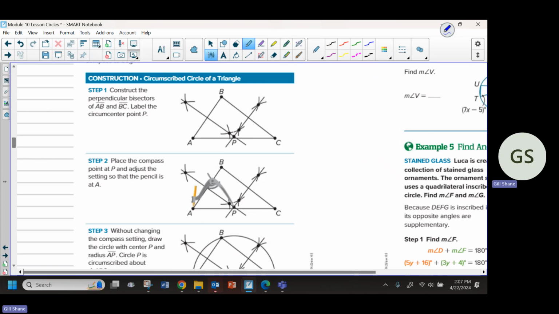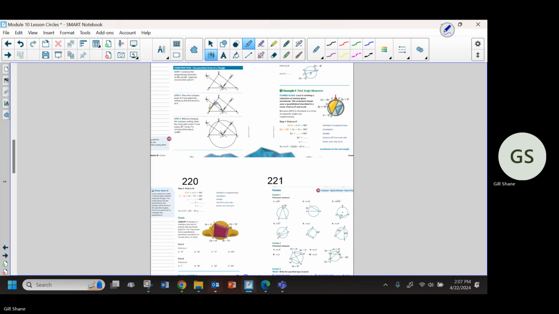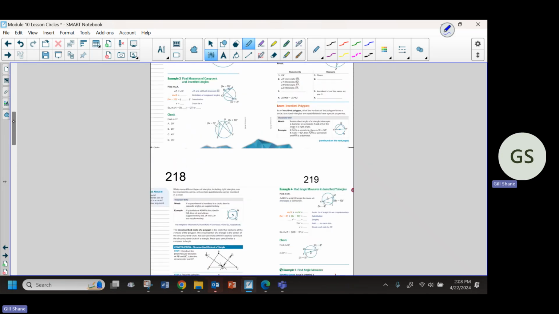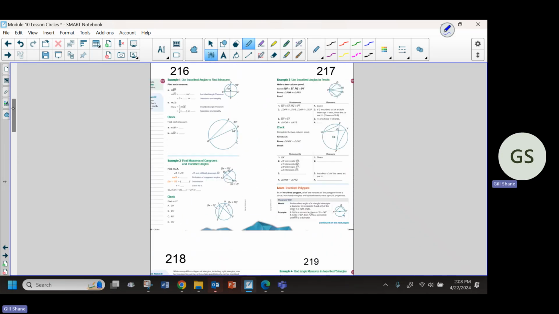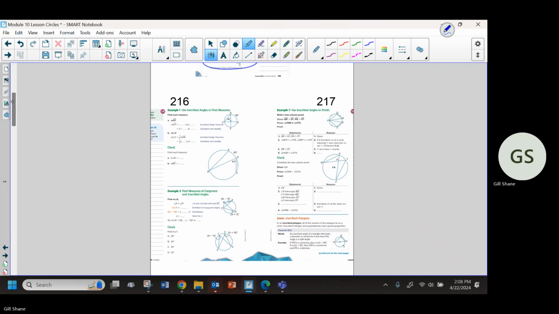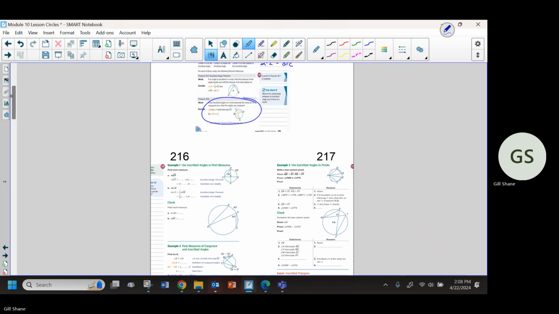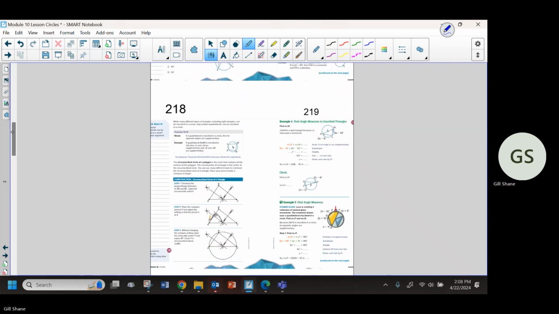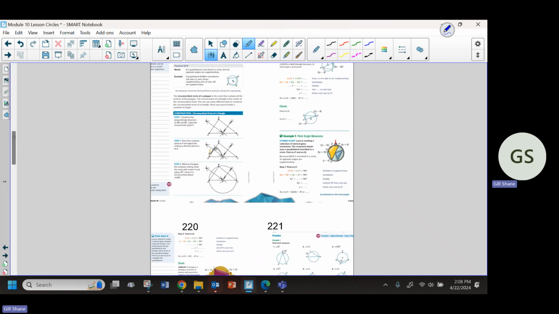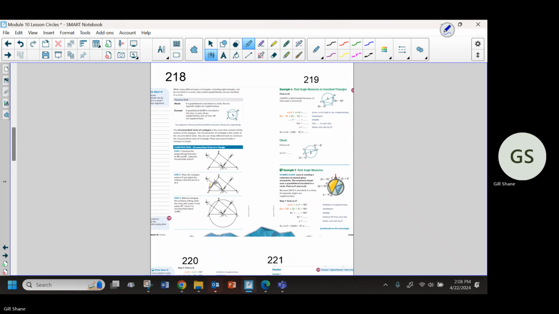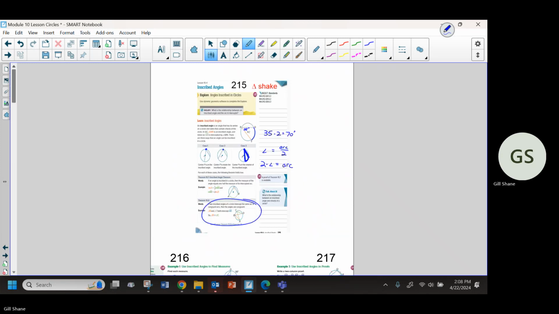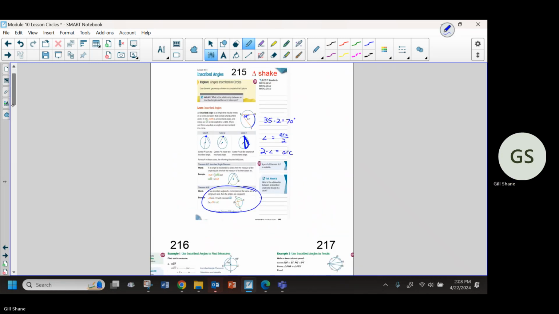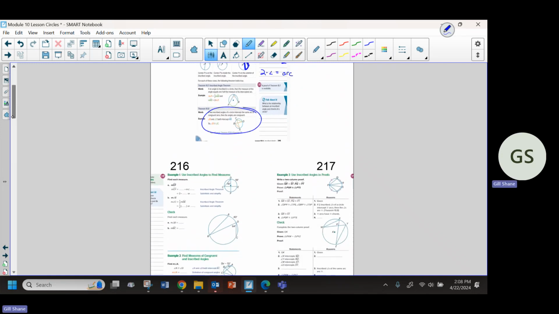Hold on, I've got to zoom out. Yeah, there we go. So where are the other theorems? Here were the other theorems down here then. Just one theorem, I guess. No, what's the other theorem? Shoot.